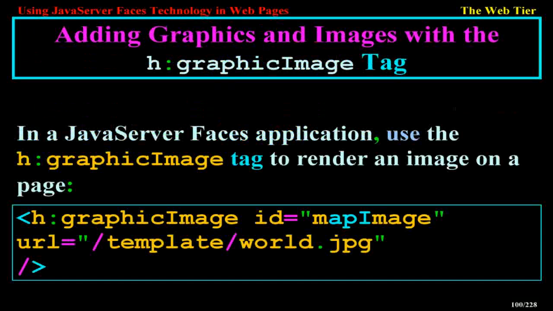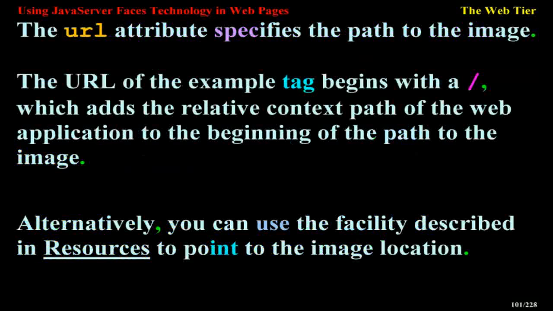Adding graphics and images with the h:graphicImage tag. In the JavaServer Faces application, use the h:graphicImage tag to render an image on a page. h:graphicImage id="mapImage" url="/template/world.jpg". The URL attribute specifies the path to the image.